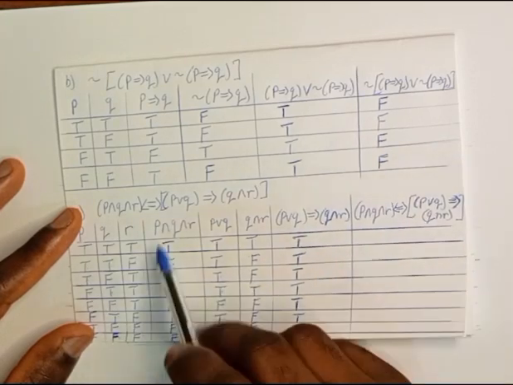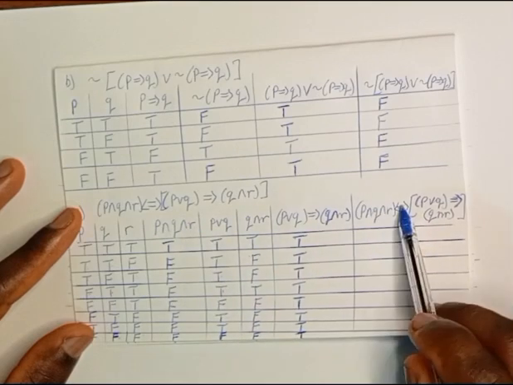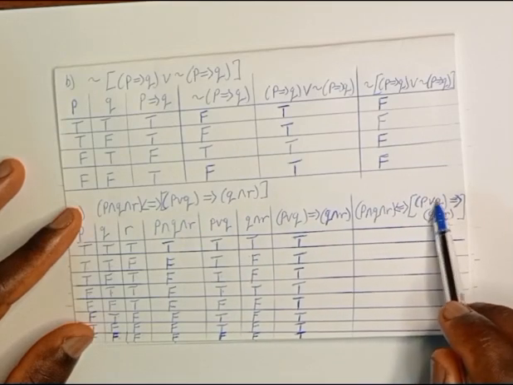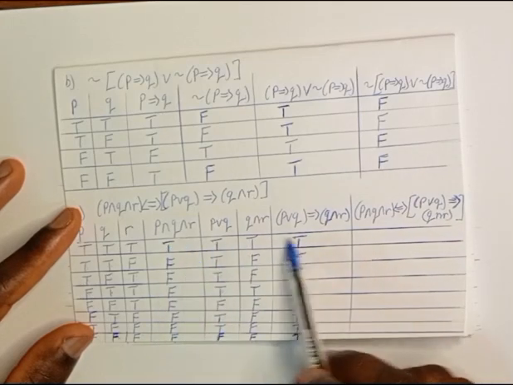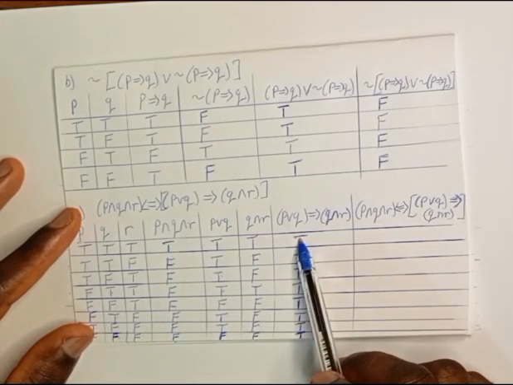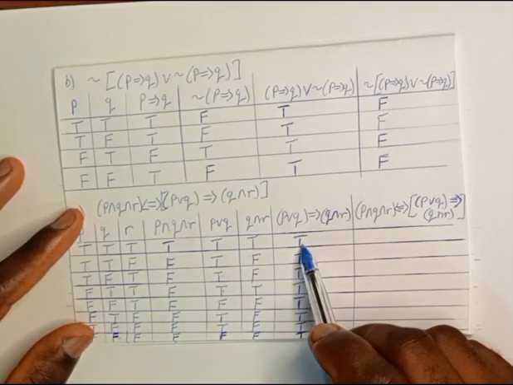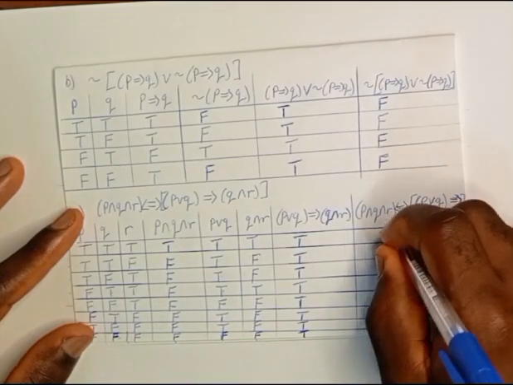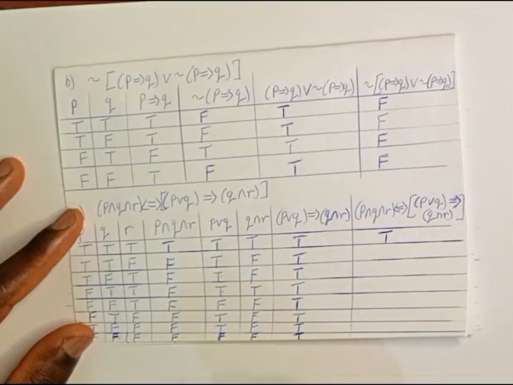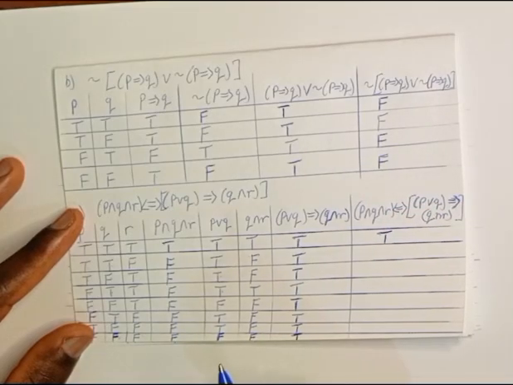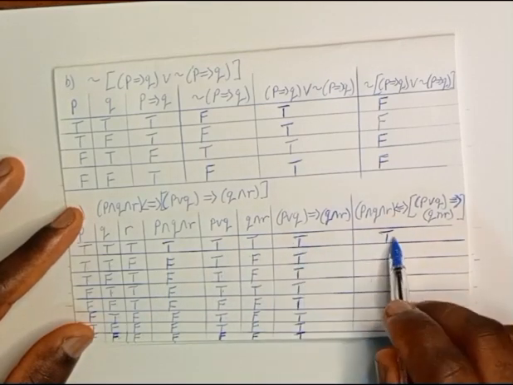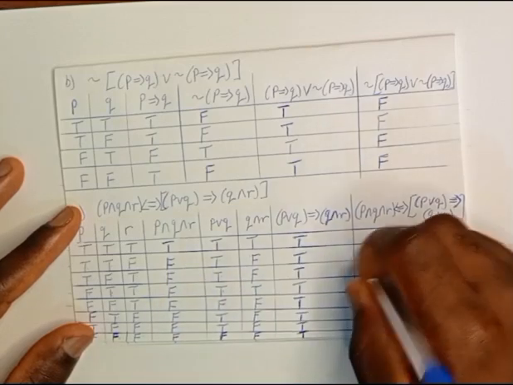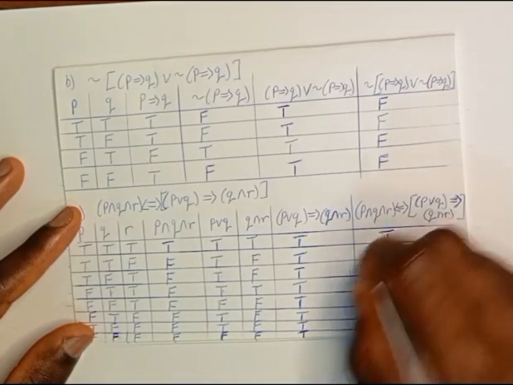Next, we take P and Q and R if and only if P or Q implying Q and R. This, if and only if this. True, the biconditional statement is true. Remember, the biconditional statement is true when the two statements have the same truth value. True gives true. False, true gives false. Truth values are different.